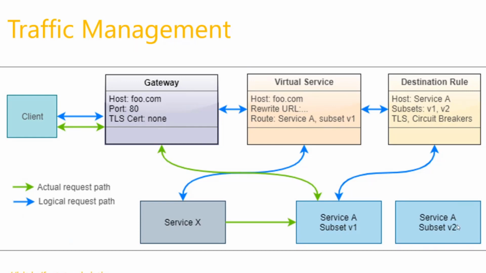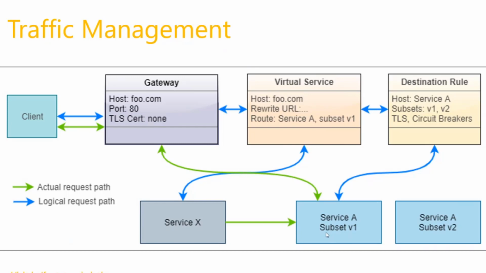It will also have specifications for where the V2 of the service is. Since the request is destined for V1 of the service, it passes the request along to version 1 of the service that the request was originally intended for.